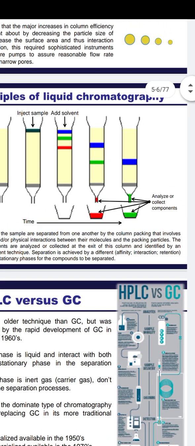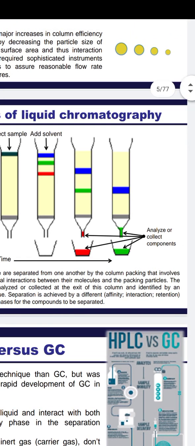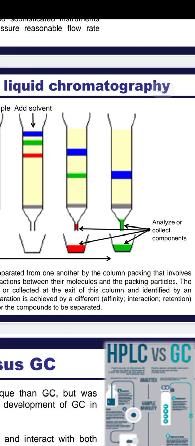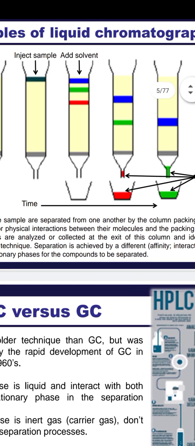In the next column the different components of the mixture are separated: a blue color separation, green color separation and red color separation, like that. In the last one, after the separation of each color, we collect the components in the collector and analyze them.